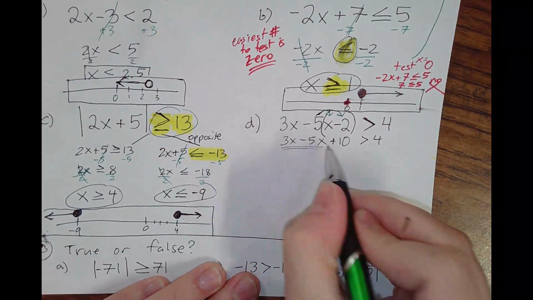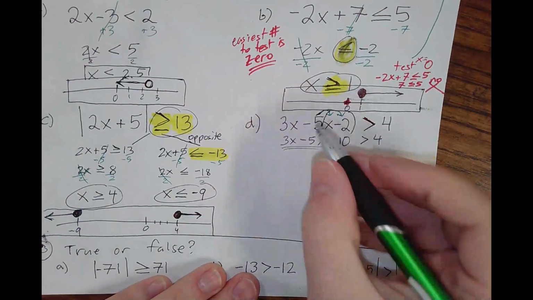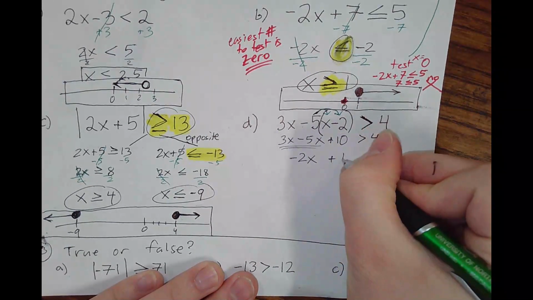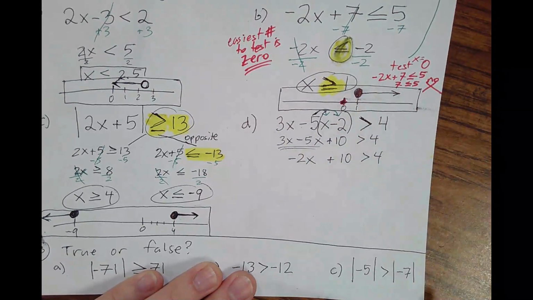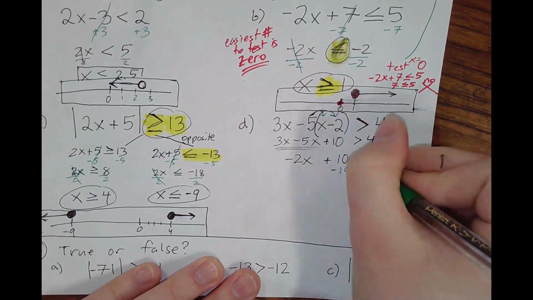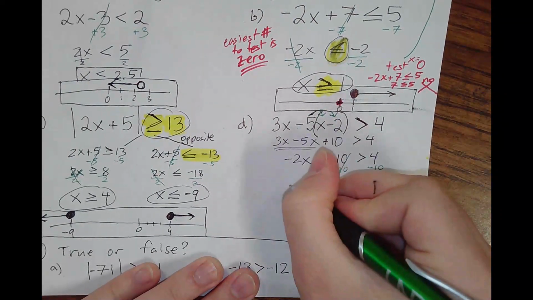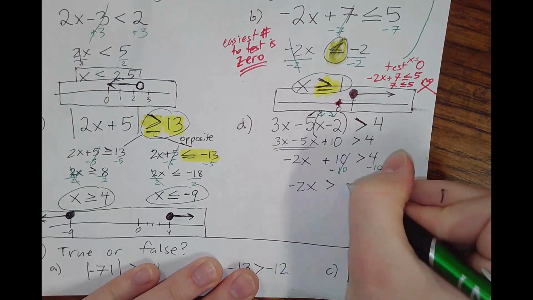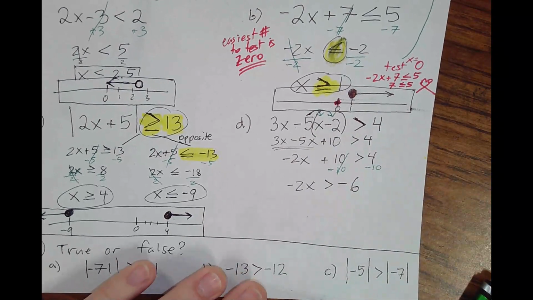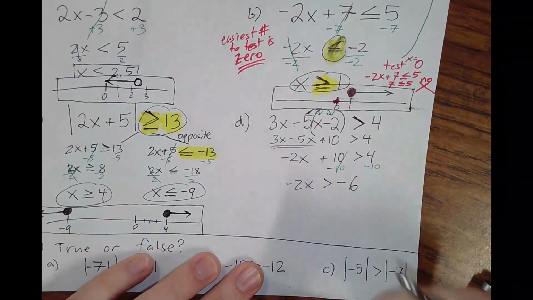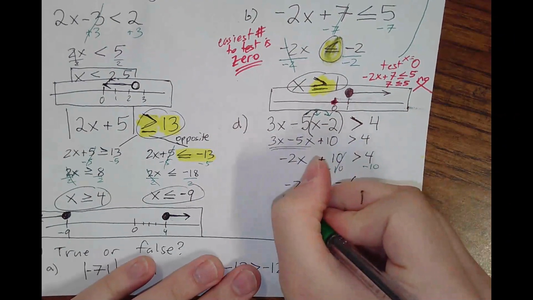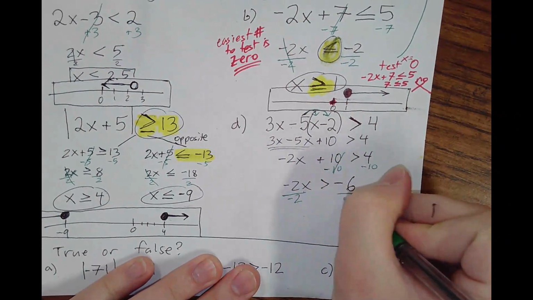Let's combine the two like terms, 3x minus 5x. And let's solve. We're going to subtract 1. Carefully solve that, by the way. 4 minus 10 is negative 6. Now we are going to divide by negative 2.